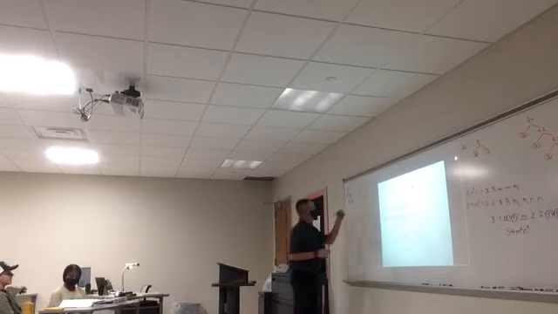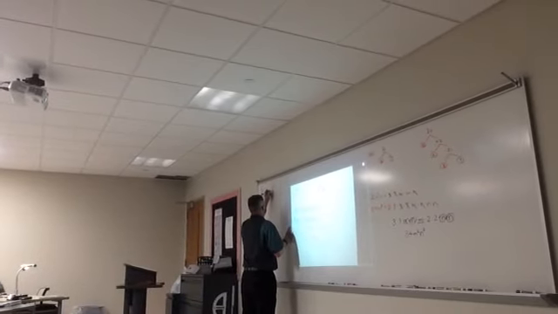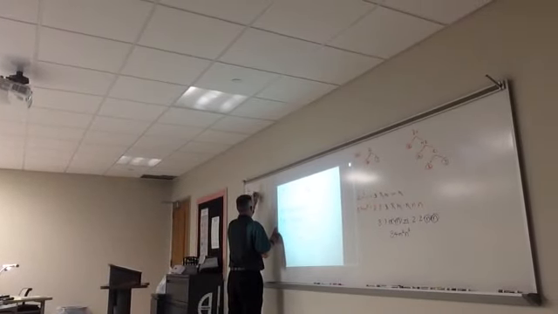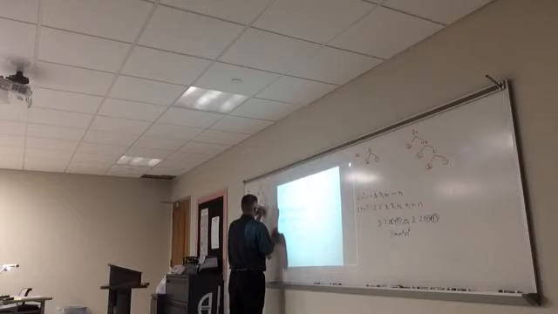The next one was 60. So if we keep dividing by 2, we're going to get 2 and 30, which then goes to 2 and 15, which then finally goes to 3 and 5.